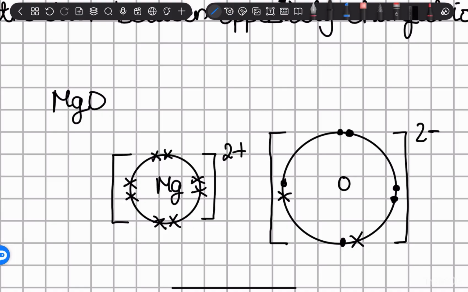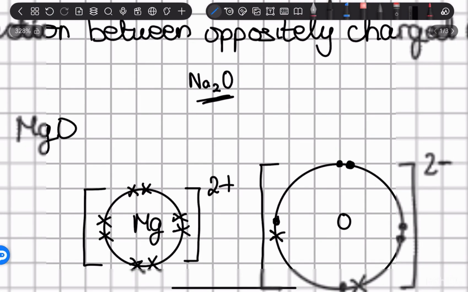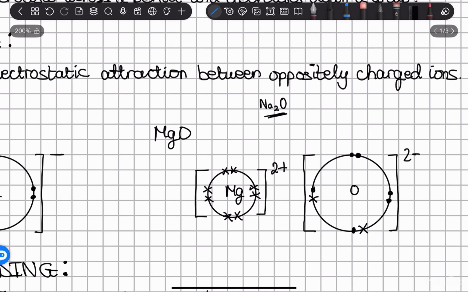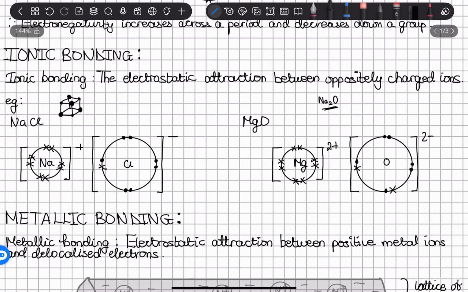However, if we had to make sodium oxide, because sodium has just one valence electron, you would need two of those sodium atoms for every one oxygen atom. So that would be sodium oxide. So, yes, that is just how simple it is. Ionic bonding, the diagrams are the same as they were in IGCSE, so I won't really go any further.